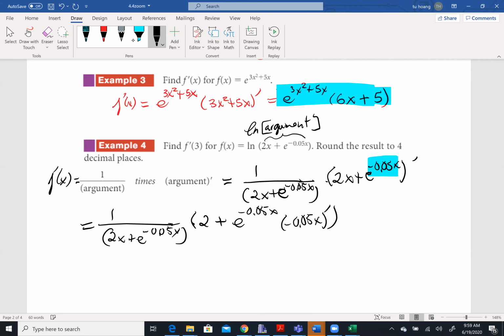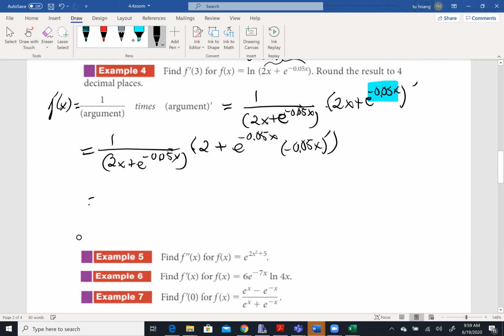And now, on the top, I can multiply the 1 by the next group, which becomes a parenthesis of 2 plus e to the negative 0.05x multiplied with the derivative of negative 0.05x, which equals negative 0.05.